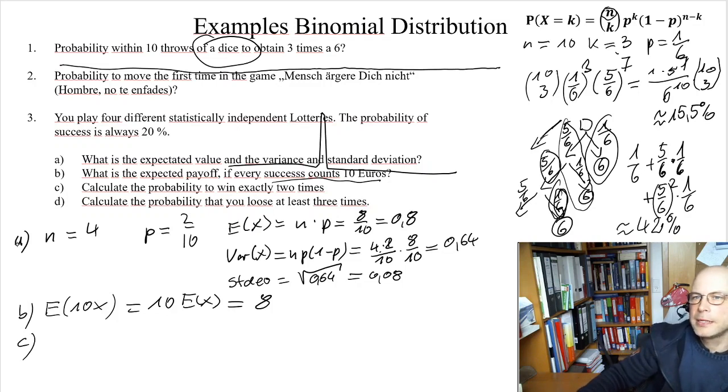So then, what is the probability to win exactly 2 times?